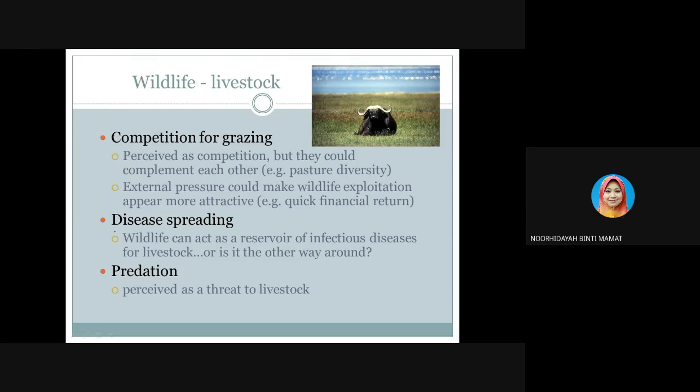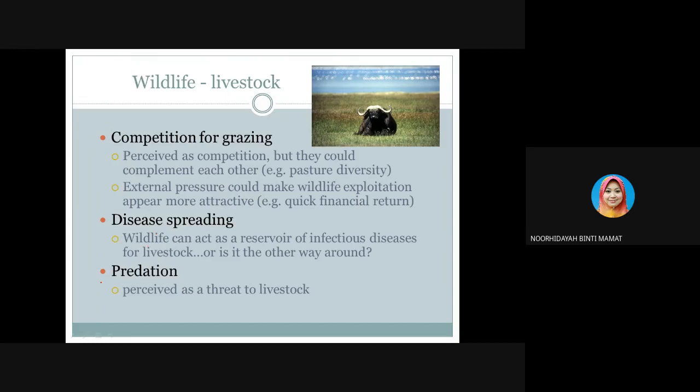The disease spreading is actually that wildlife are perceived as carriers of infections, but several wild species are threatened by diseases transmitted from livestock. So it works either way around: either wildlife are perceived as carriers of infections, or the wildlife itself is threatened by the disease transmitted from the livestock.